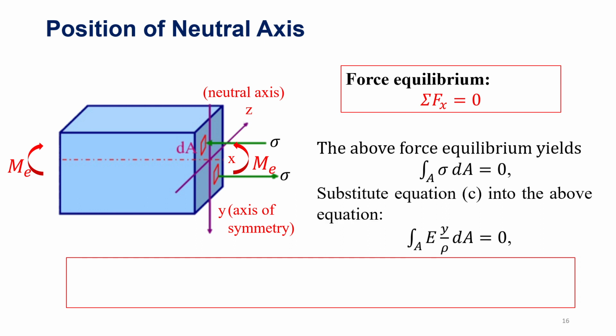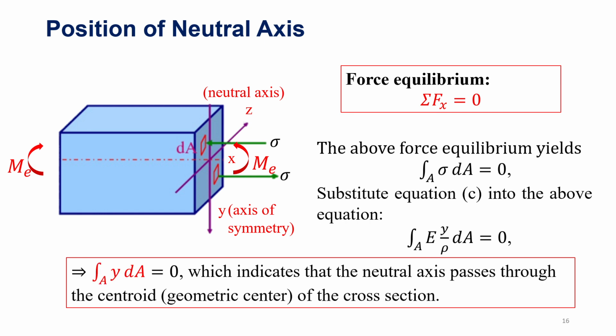Substituting equation C into it, we get the integral of E y over rho dA equals 0. We pull E over rho out because it is a constant. Then we get that the integral of y over the area is 0. This indicates that the neutral axis passes through the centroid of the cross section, or the geometric center of the cross section.